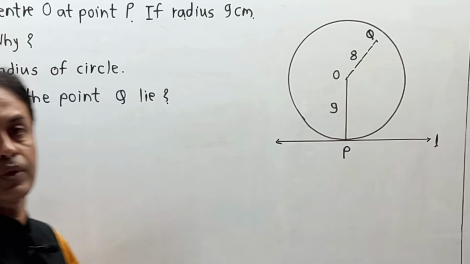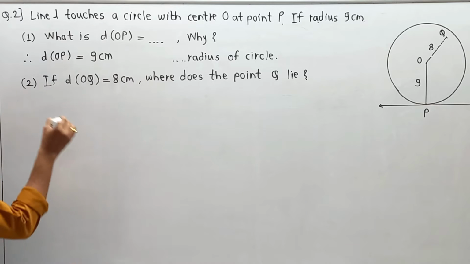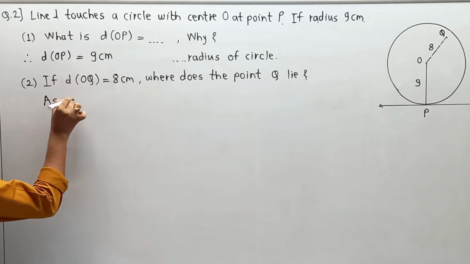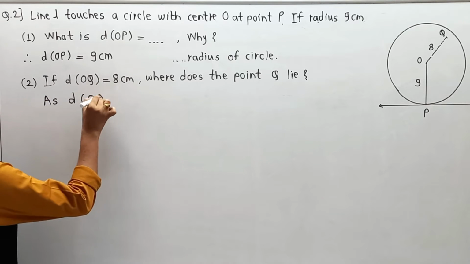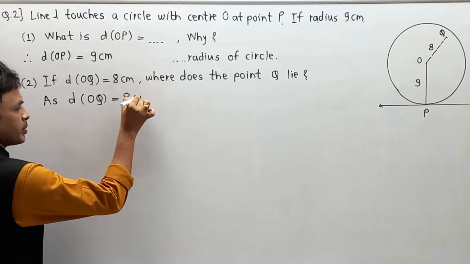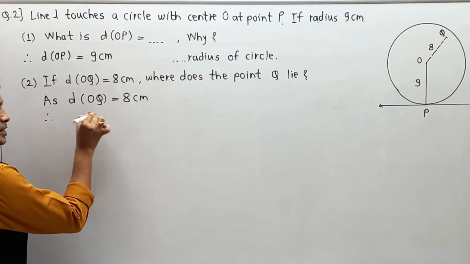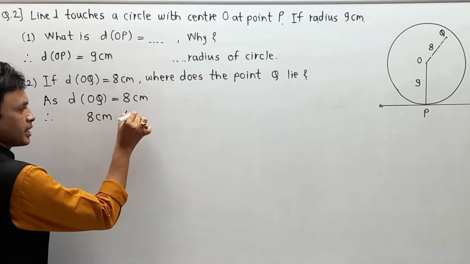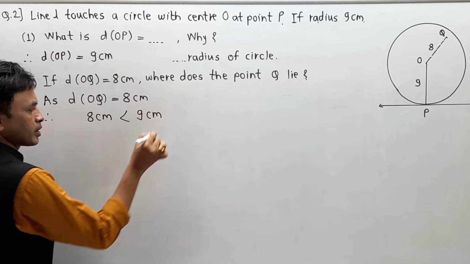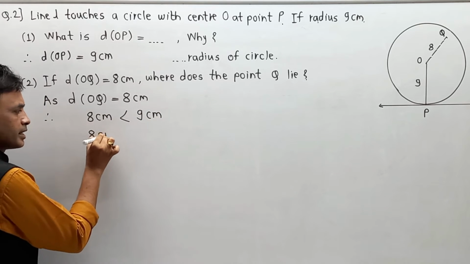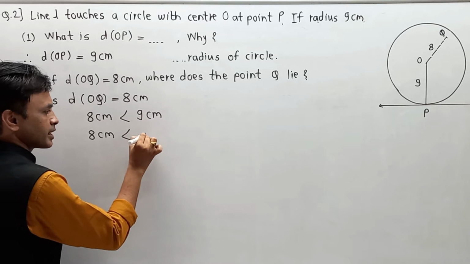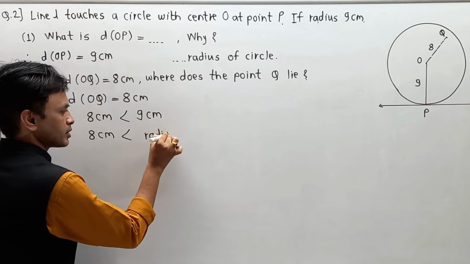Giving the explanation here: as distance OQ is equal to 8 centimeter, and we know that 8 centimeter is less than 9 centimeter, or you can say 8 centimeter is less than the radius of the circle.